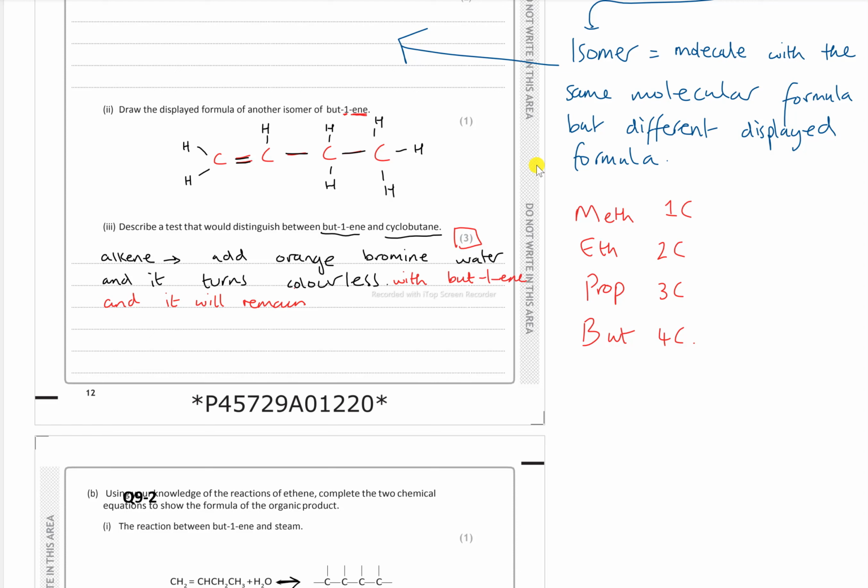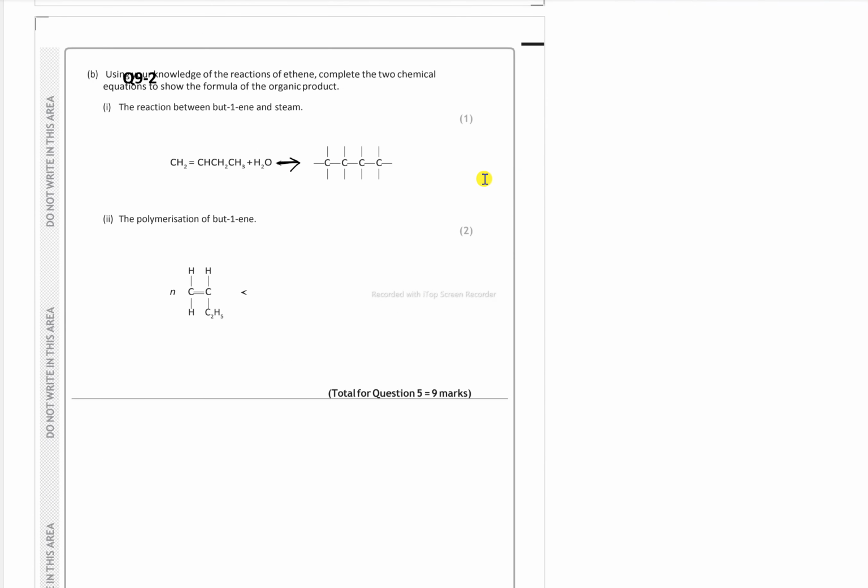It will remain orange with cyclobutane. There you go.